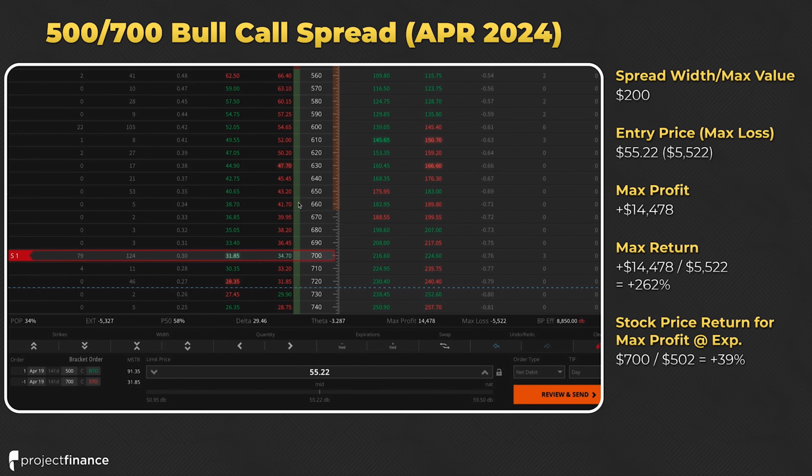If I buy a spread that is 200 points wide for $55, the maximum potential price increase I can see is the difference between 200 and 55, but we have to multiply that by 100 to get the actual maximum profit. The way I like to look at it is if I buy this $200 spread for $55, I can effectively 4x my initial investment.